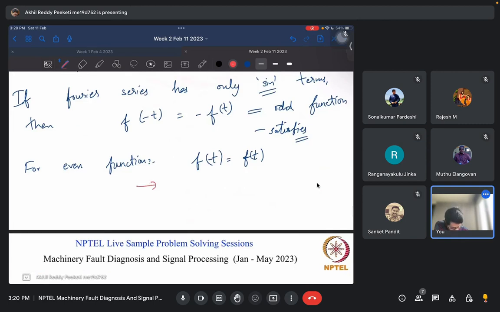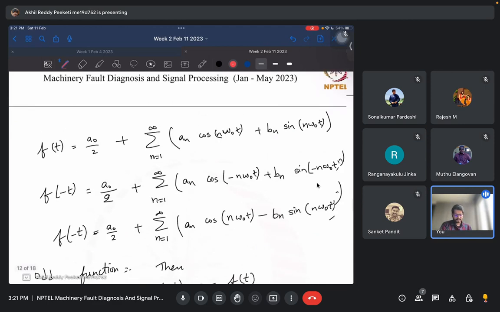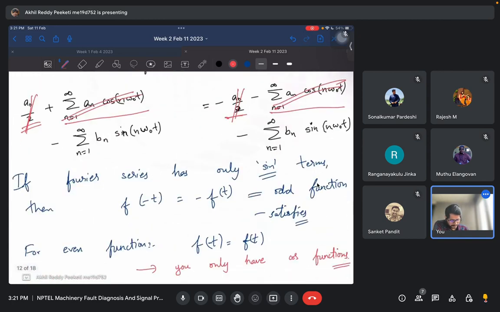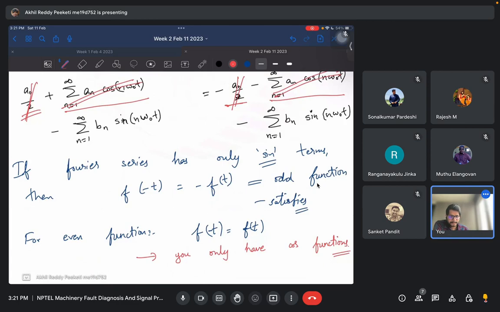So then you should only have cos terms. Is this clear? How I did this? How to see which terms will be present if you want odd and even? Is this clear?